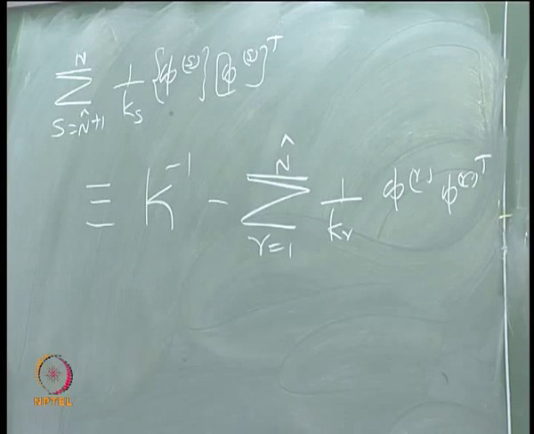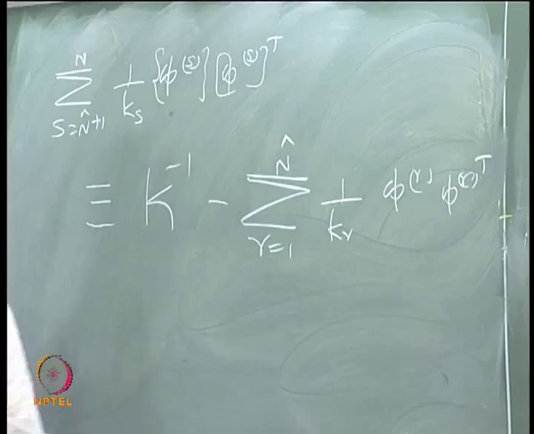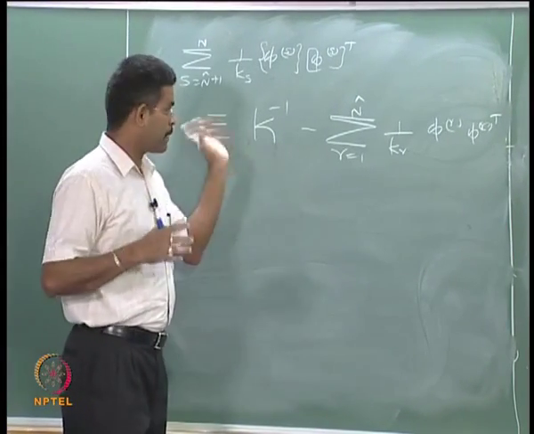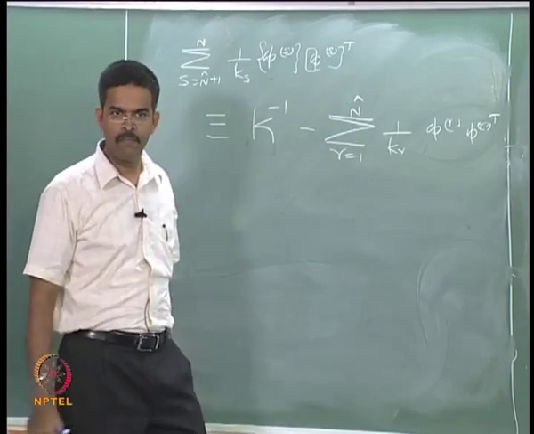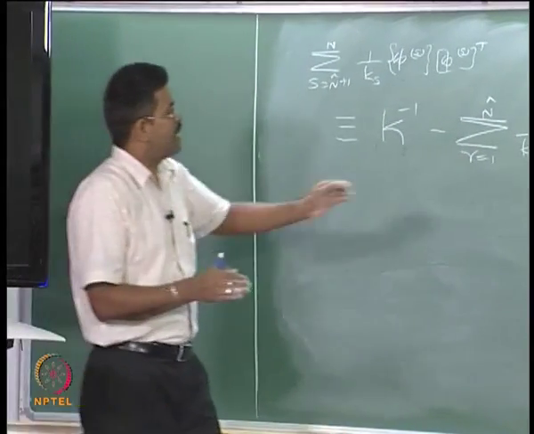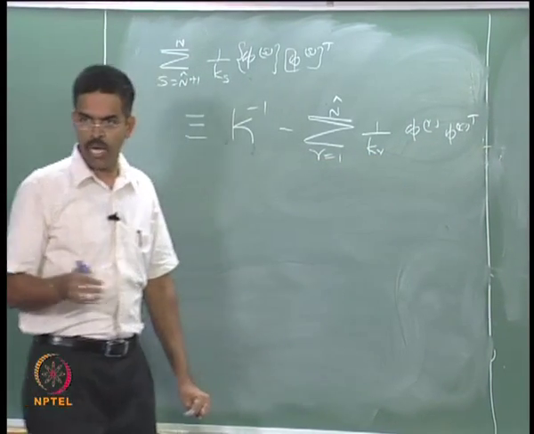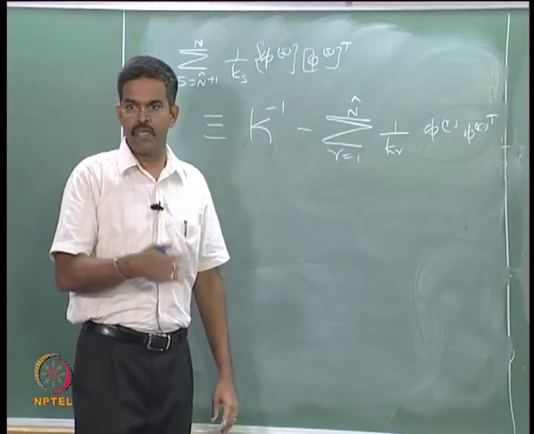What I am trying to do here is, instead of looking for the correction in the higher modes, I take the stiffness or the flexibility for the whole system and subtract the correction from the lower modes. You see, I am doing only till n hat, and till n hat I know this value. So, I do not have to compute the mode shapes beyond n hat till n.